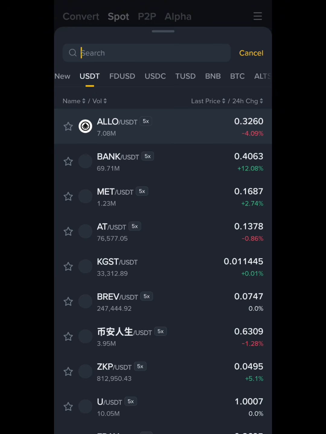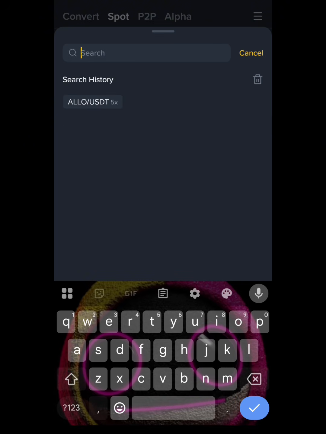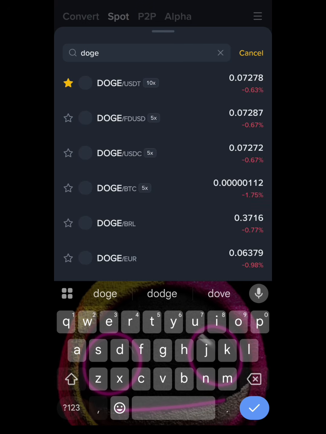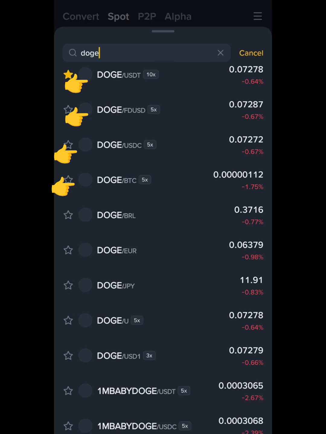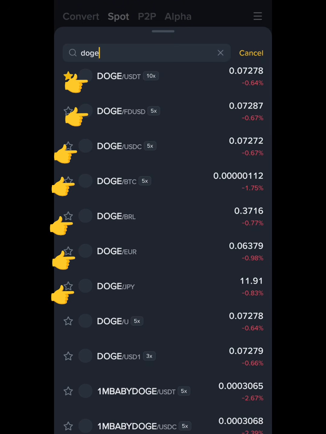For instance, if I'm looking to exploit a coin, let me say Doge, right? For instance, now Doge is listed in up to 9 different pairs. Let's count 1, 2, 3, 4, 5, 6, 7, 8, 9.